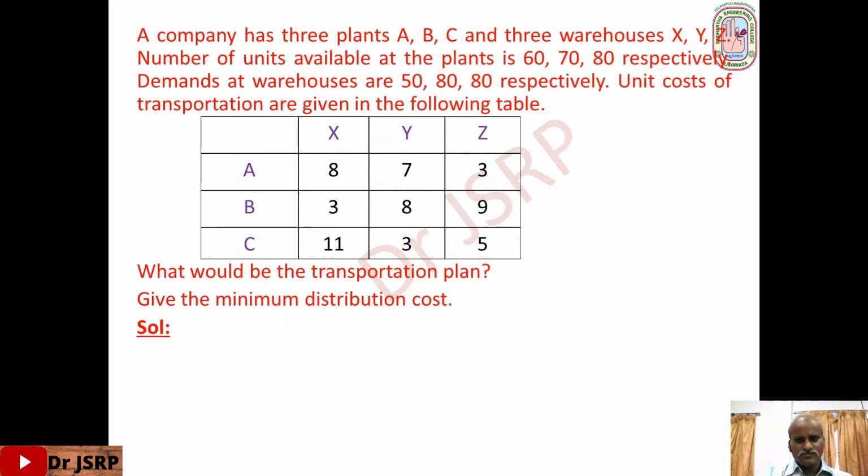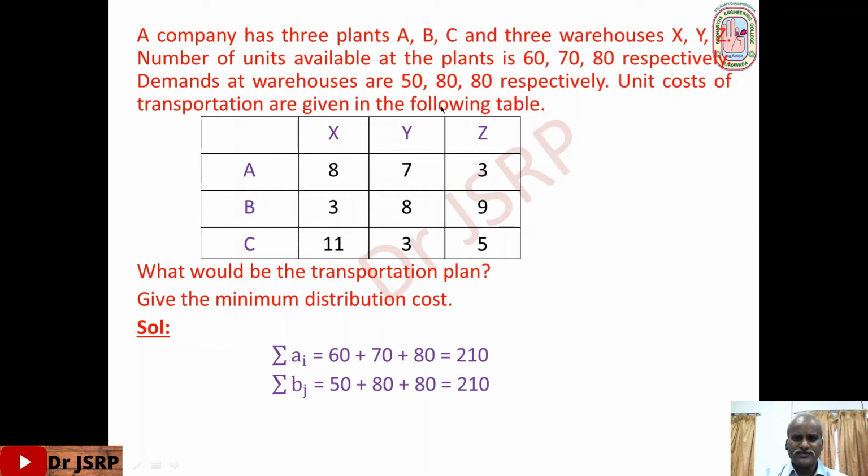First, before going to the solution procedure, we have to verify one condition, whether the problem is a balanced problem or an unbalanced problem. First we have to check that condition. First find the sum of available amounts, that is sigma a_i equals 60 plus 70 plus 80, which is 210 units. That is, total available amount is 210 units.